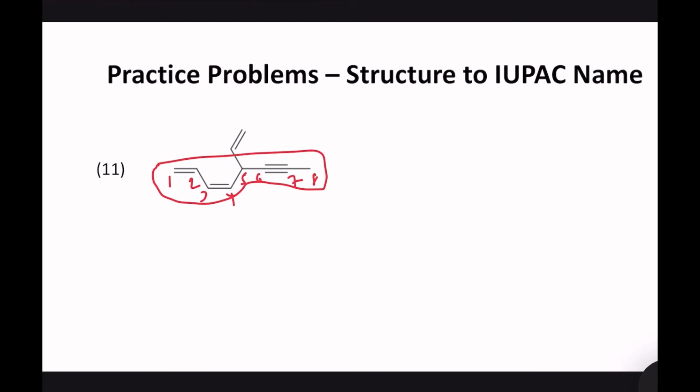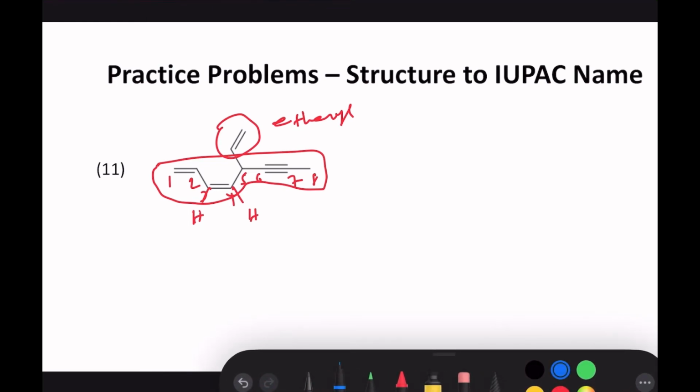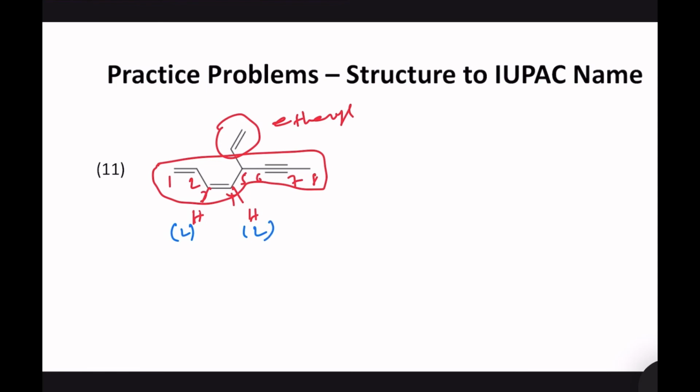Also, we have a substituent at 5 position, ethynyl. This is an ethynyl substituent. At position 3, the hydrogen atom gets the least priority, and therefore, as per the CIP rules, this is a Z isomer, because higher priorities are on the same side.